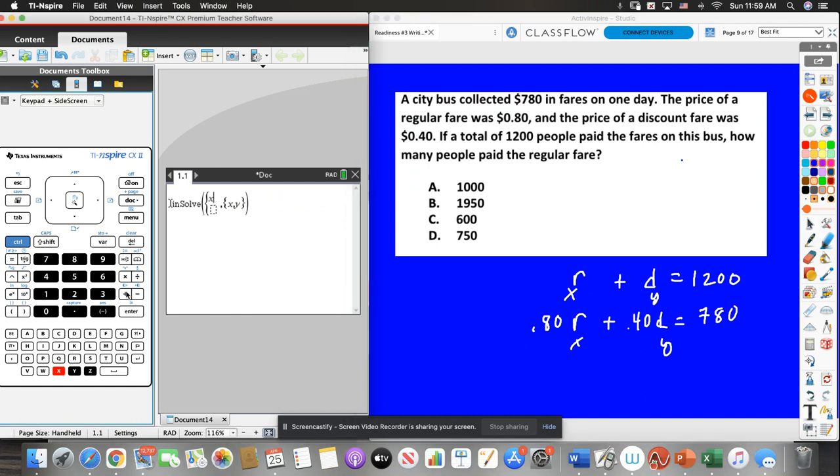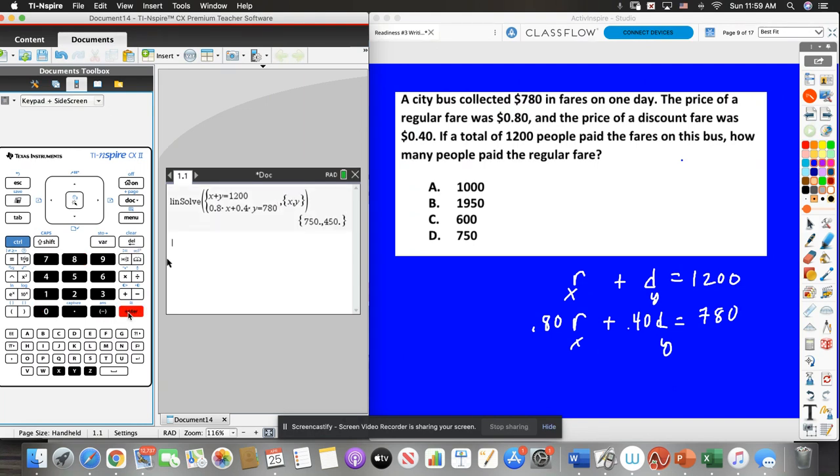So that's X plus Y equals 1,200 tickets. And then 80 cents for regular fare plus 40 cents for discounted fare equals 780.